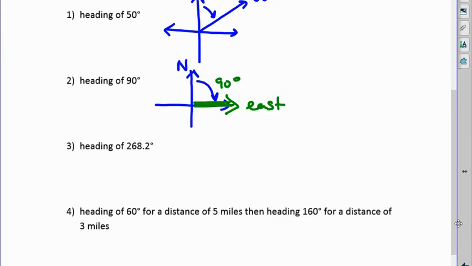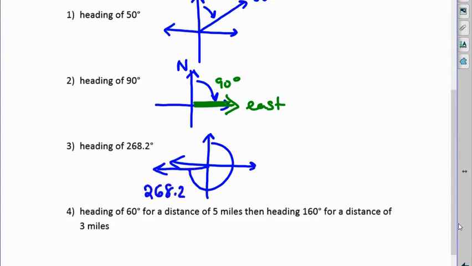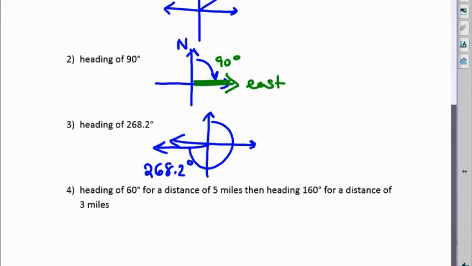And then if I had a heading of 268, I would go past 90, past 180, but not quite to 270. It's a little strange having 270 be over there, but that is a course of 268.2 degrees.